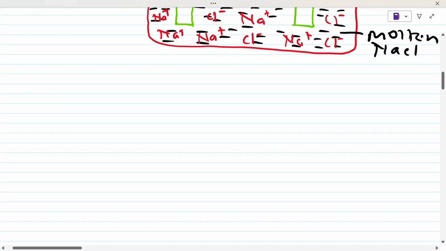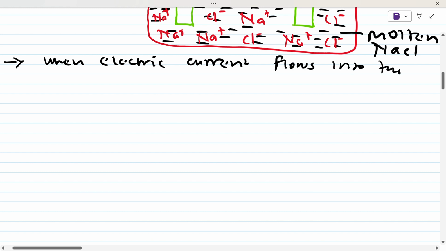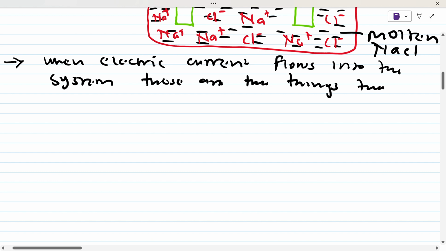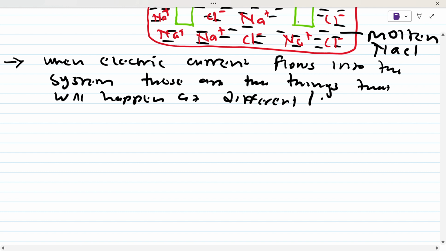And this is how we always start our statement, that when electric current flows into the system, these are the things that will happen at each electrode.